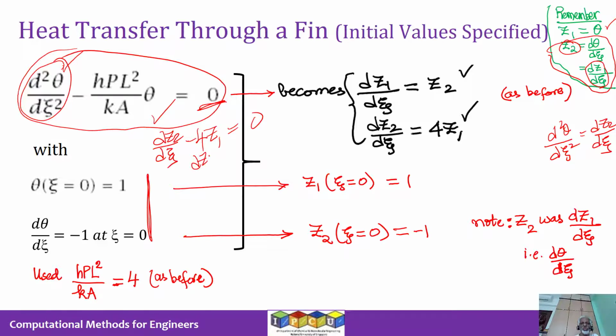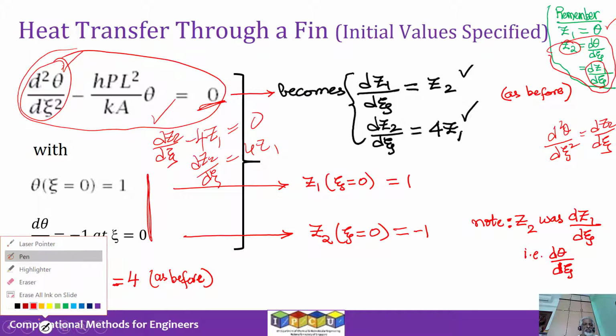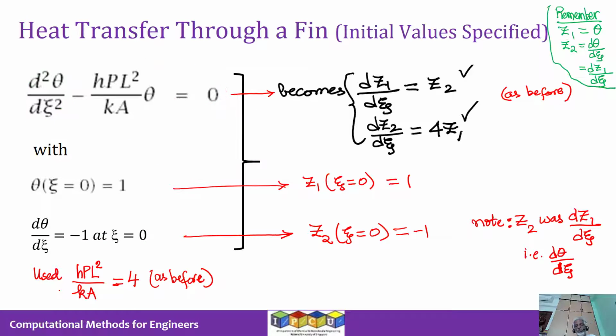Therefore, dz2 by d psi is equal to 4z1 as we wrote before. So we have the same two differential equations as we had for the boundary value problem. Since the equation doesn't change, we don't expect the ODEs to change. I need not have elaborated this, but for the sake of completeness, I did it. So we get the same two ordinary differential equations that describe the system.